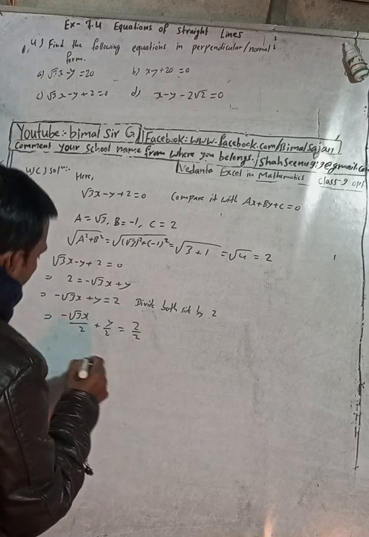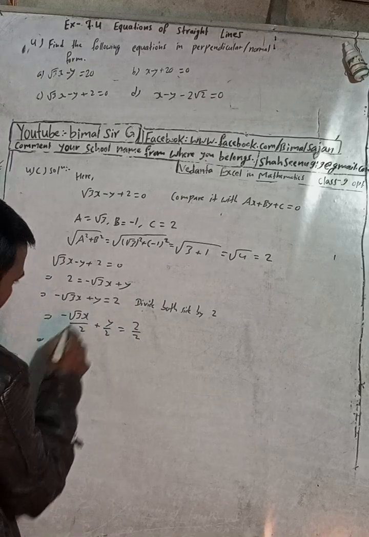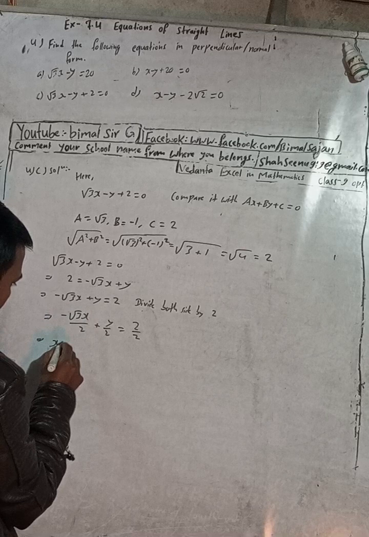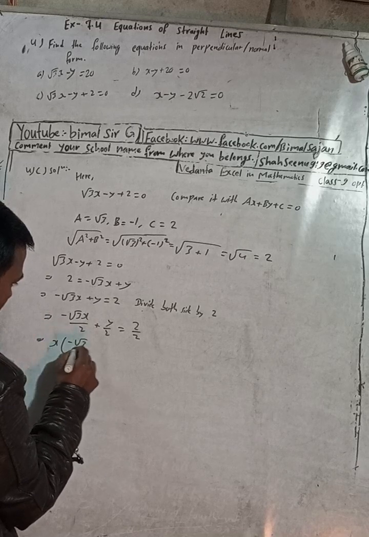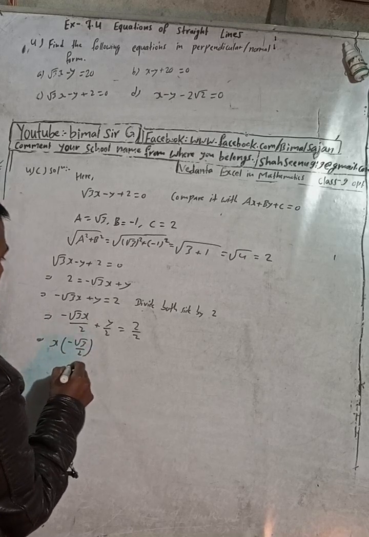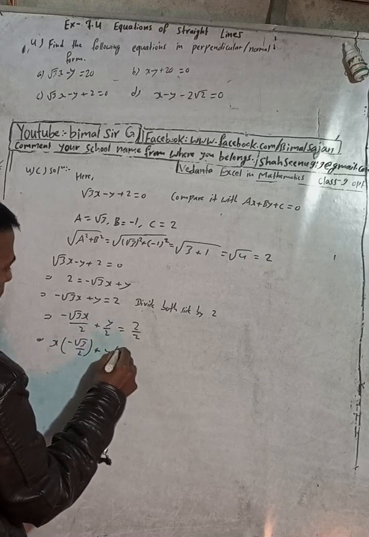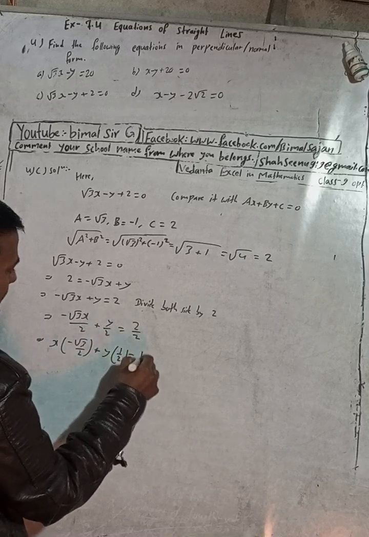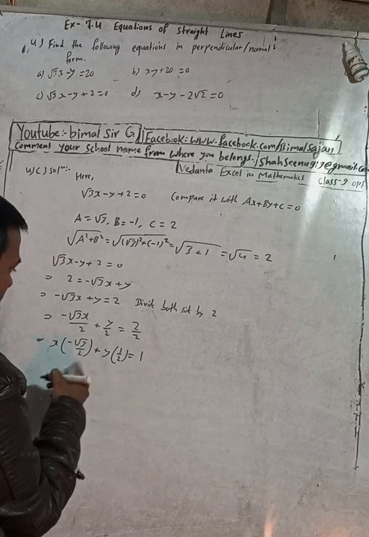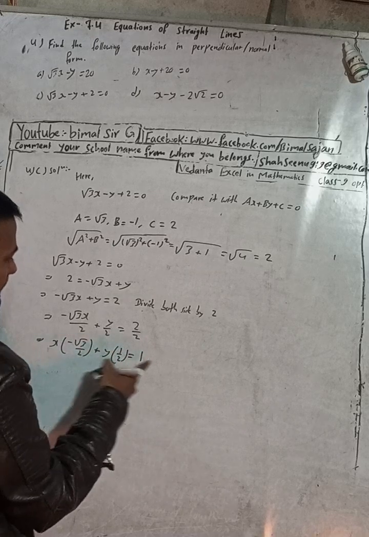Now you can write this in the standard form. This is x times minus root 3 by 2, plus y times 1 by 2, is equal to 1. Now you can see this is x cos alpha plus y sin alpha is equal to p.